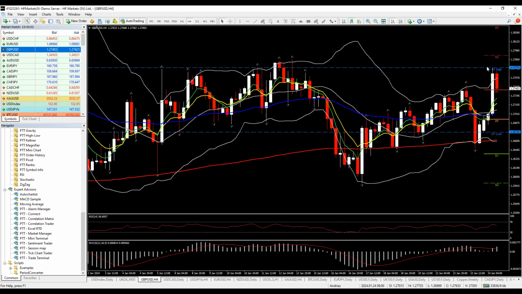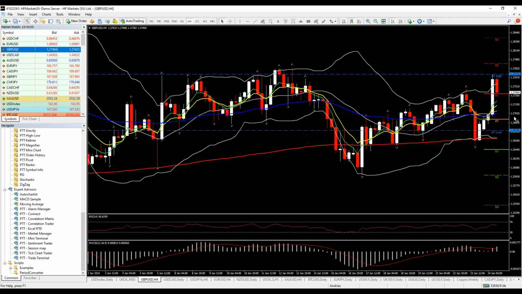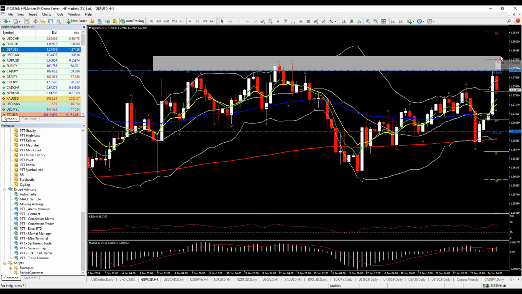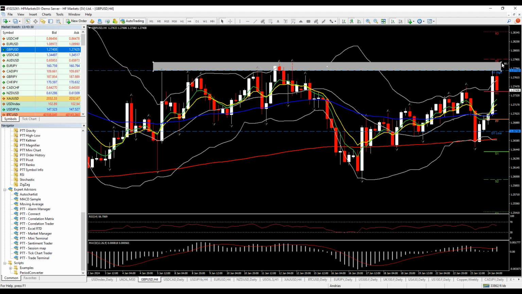So what we have: 127.14 being broken, then it breached the January highs. It breached them already. There was a bit of a correction so far, right? But the fact that it breached, other than breaking 127.40, the fact that it breached January's highs indicates that there is a rising bullish momentum.